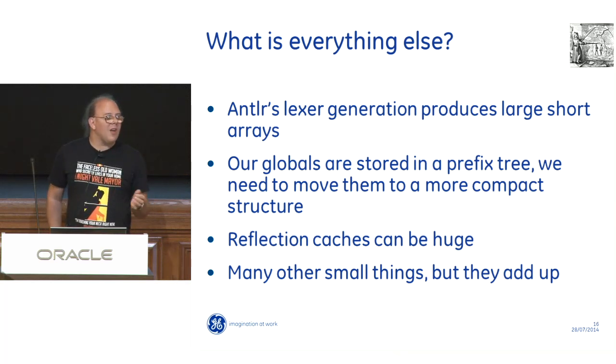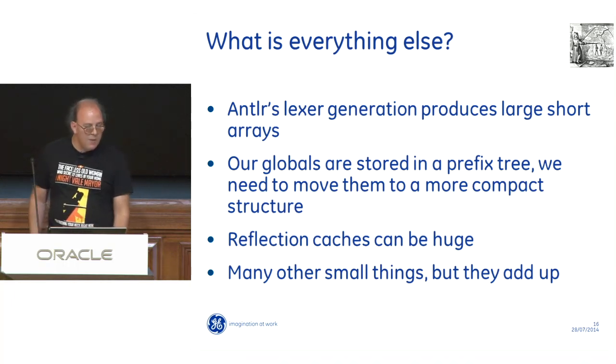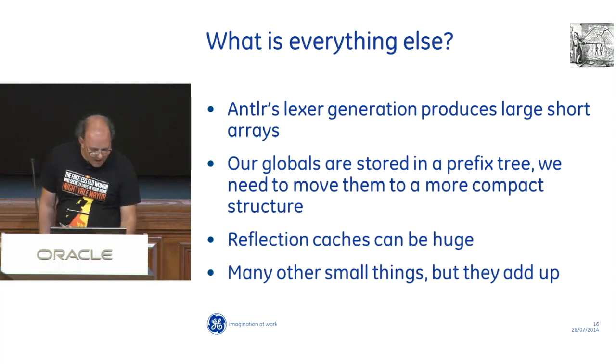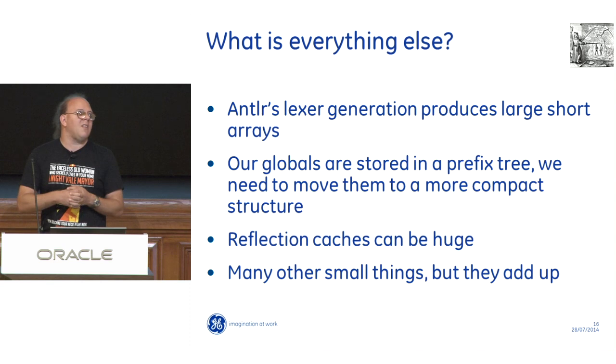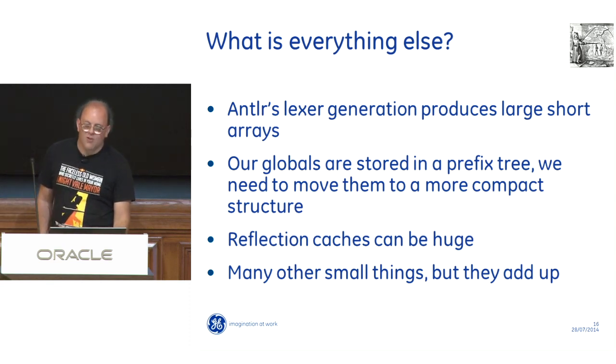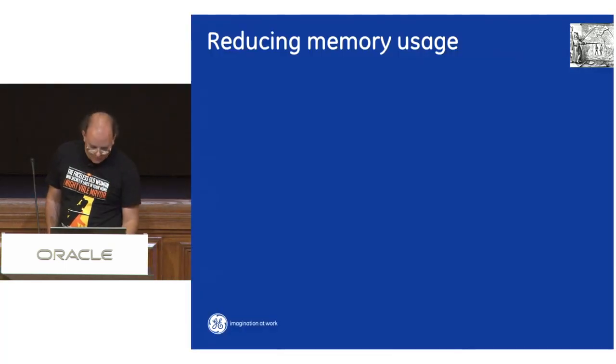And so you end up looking up methods, and you fill up reflection caches, and they take up a lot of space. Best turning them off. And there's a lot of other small things. They start to go down in size, but there's quite a few of them, so it's worth going through and optimizing them all as much as you can to reduce the memory footprint.